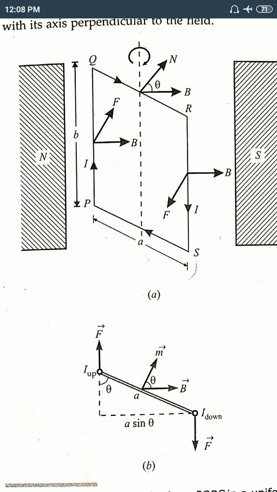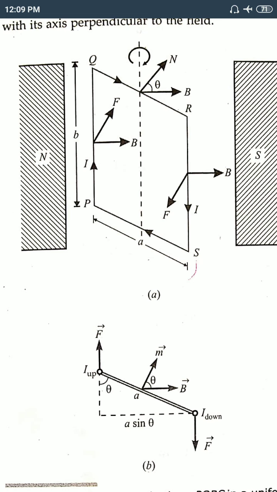Now that was for PQ. For RS, the same force acts, equal in magnitude. But if you apply Fleming's left hand rule on RS, you see that the direction of force is outward.